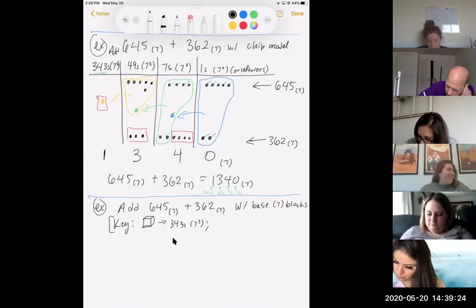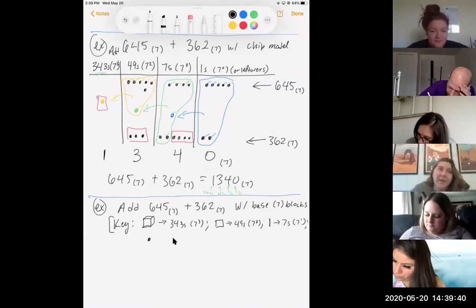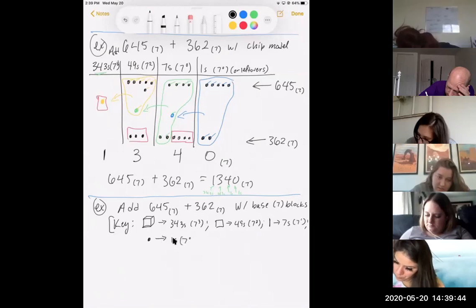My flat is going to correspond to the 49's place, or 7 squared. Okay, so this is good to write out so you can sort it out in your brain. The rod is going to correspond to the 7's place, or 7 to the 1st power. And my dot, which represents a little cube, is going to correspond to the 1's, or the leftovers, 7 to the 0 power.